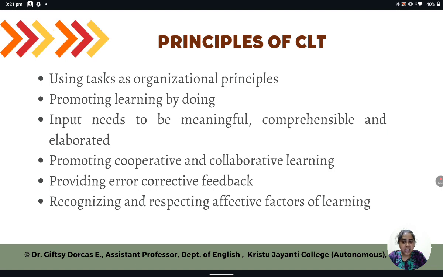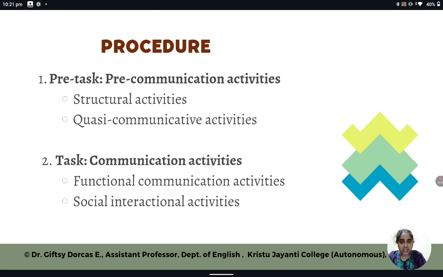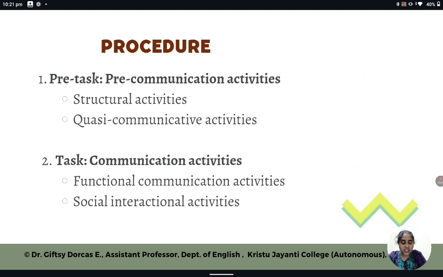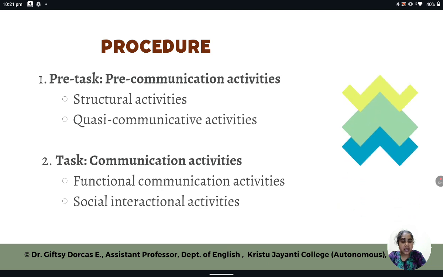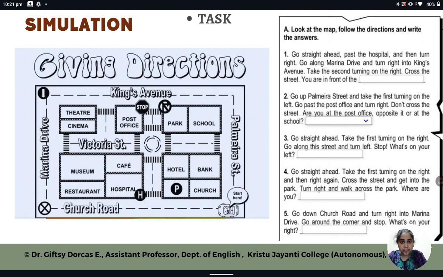And so we see that a lot of learning happened under this method. And the procedure is you give a pre-task where pre-communication activities are given, structural activities are given, and then the task is given, communication activities are given, and then it's administered, and the teacher also gets involved.